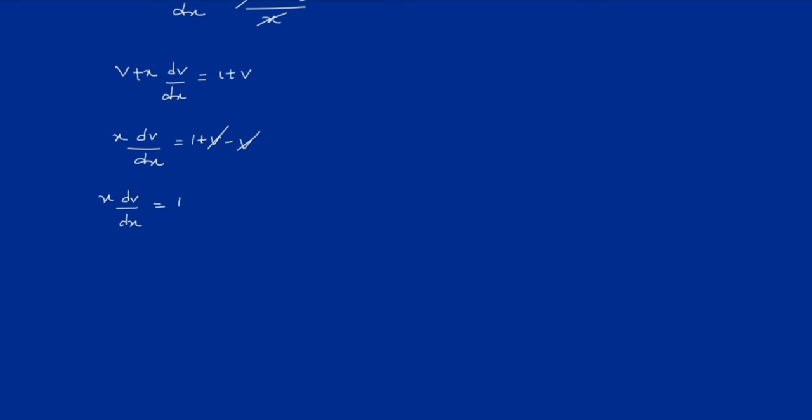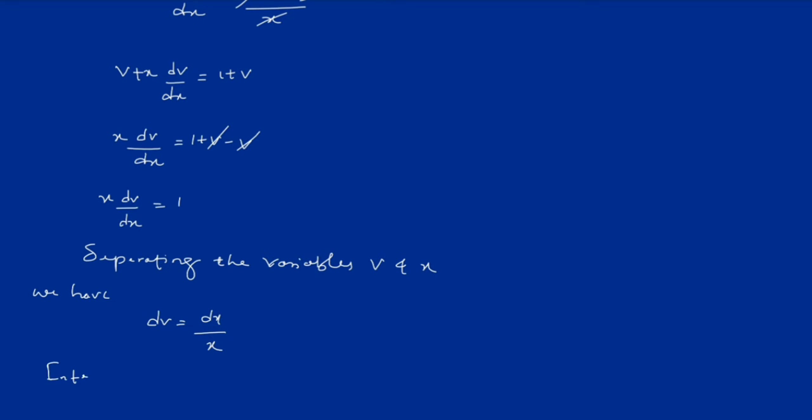Now separating the variables v and x, we have dv = dx/x. Now integrate after variable separation.